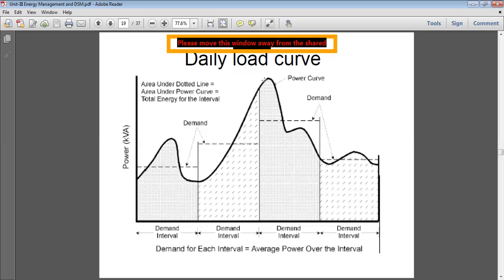So we do not want to stop our production. We do not want to stop our utility because it is going to affect the quality of the material, the quality of the product. So our pumping system, it is not necessary to run in the evening times. We can run it in the night time from 10 p.m. to morning 6 a.m. We can run our effluent treatment plant.